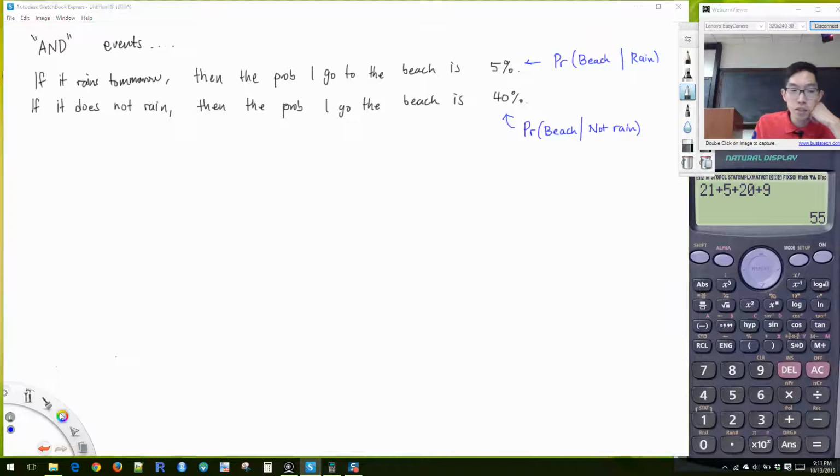All right, so we check the weather, and the weatherman says the probability of rain tomorrow is 25%. This is not an actual forecast. So we'll say the probability of rain itself is 25%.